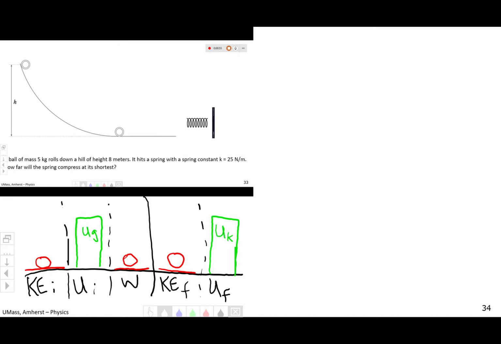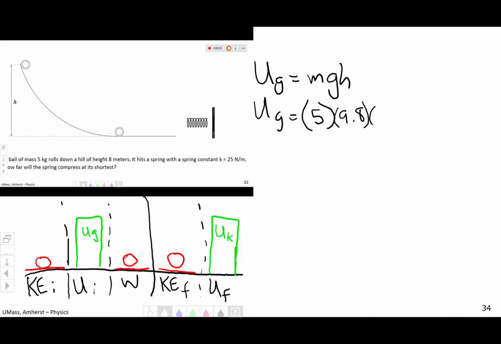So what are we going to do? Well, we need to calculate how much gravitational potential energy there is. mgh. So Ug is 5 times 9.8 times the height of 8 meters, giving us a grand total of 392 joules.